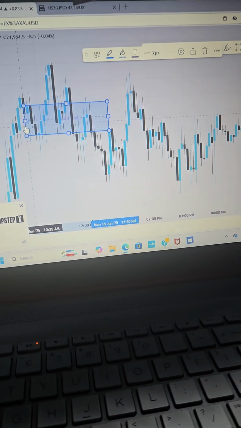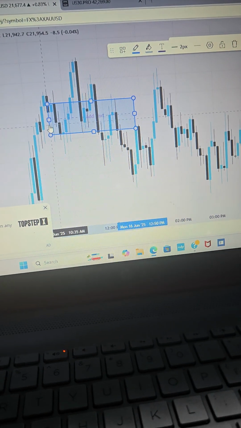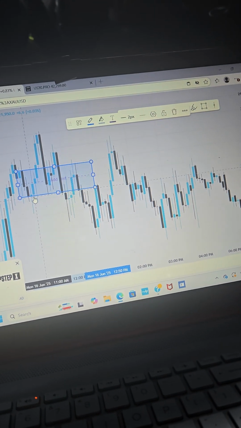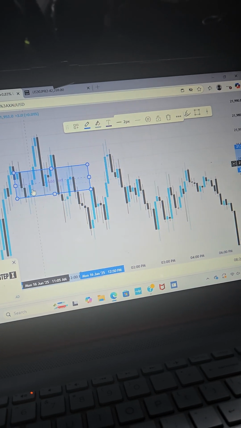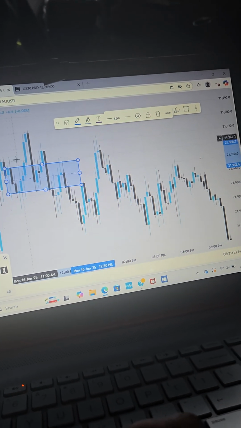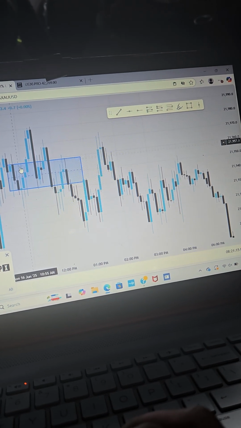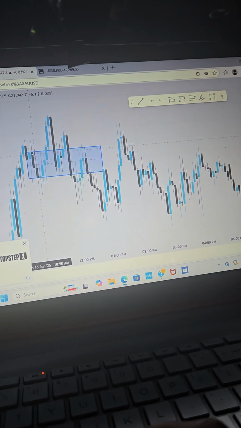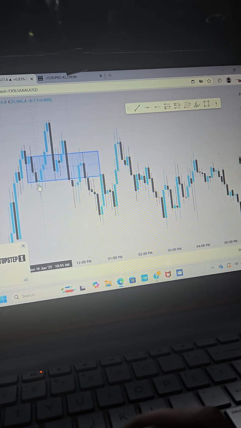It doesn't have to be 2 consecutive bearish candles. It could be any amount of consecutive bearish candles, or it could be just 1 bearish candle, as long as it shows strong momentum moving away in the opposite direction. That's what makes it an order block. So with this, again, the open is the order block.